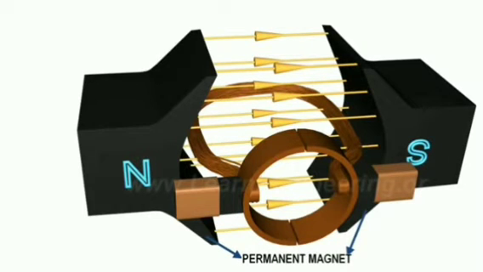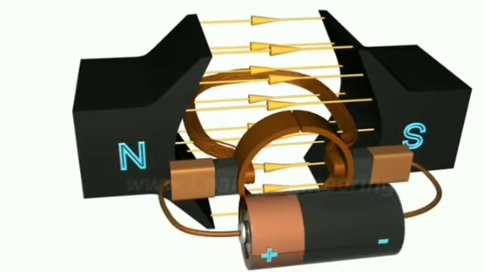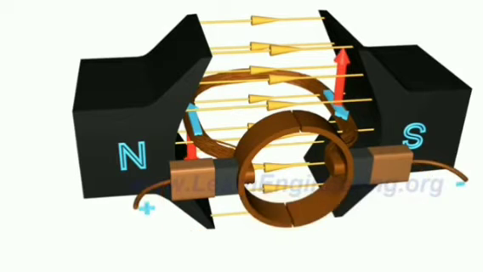Then an armature or a rectangular coil, and this armature is attached to two half rings, and two conducting brushes connect the armature to a cell.